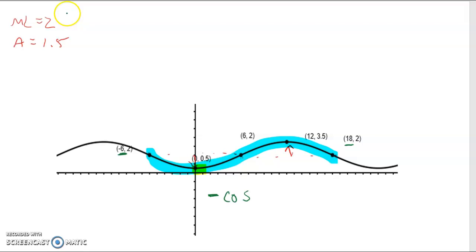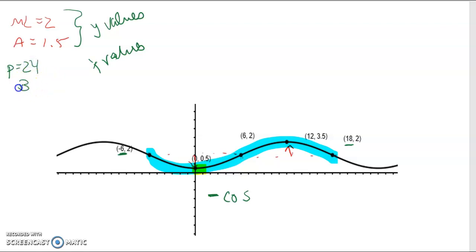So notice I should have perhaps pointed these out. These are both about the y values because there are vertical stretches and compression. And the only thing we have about x values so far, before we add one more on Thursday, is period. So we can see that our period is 18 minus -6. So we're at 24.